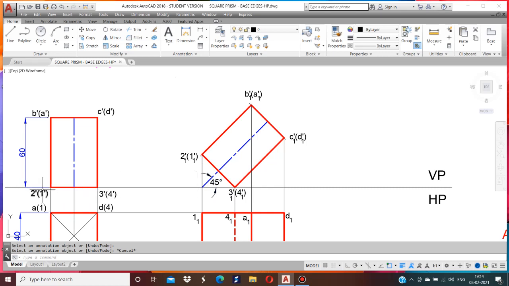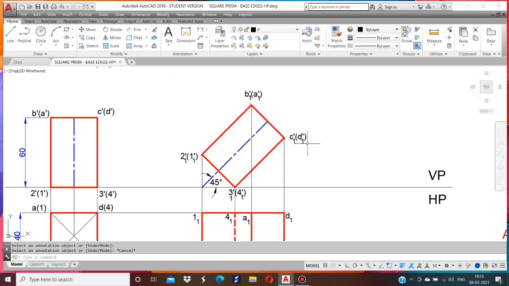Now, with 3 dash 2 dash as radius and 3 1 as center, cut an arc. Then you can get this length. Now from 3 1 dash draw a perpendicular line, using the protractor, to a height of 60 mm, or cut an arc of 60 mm.